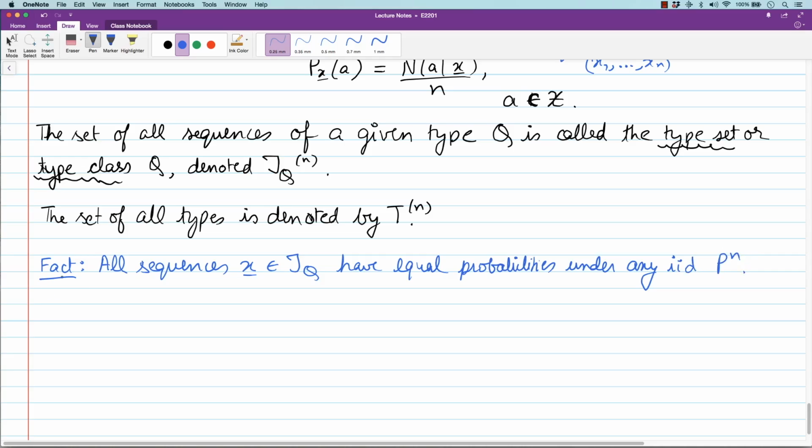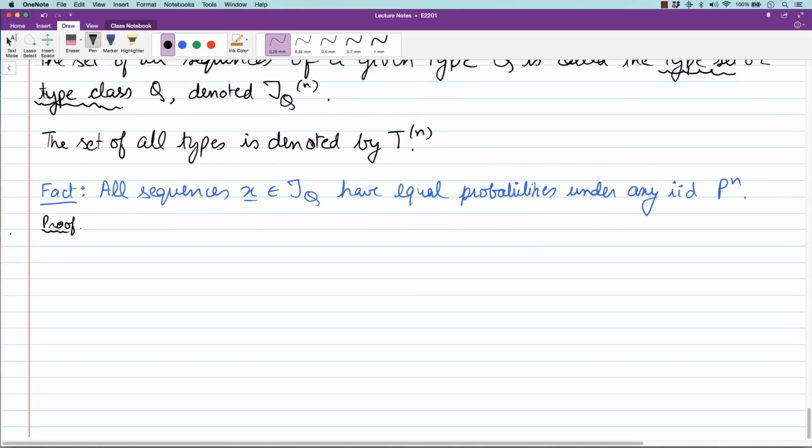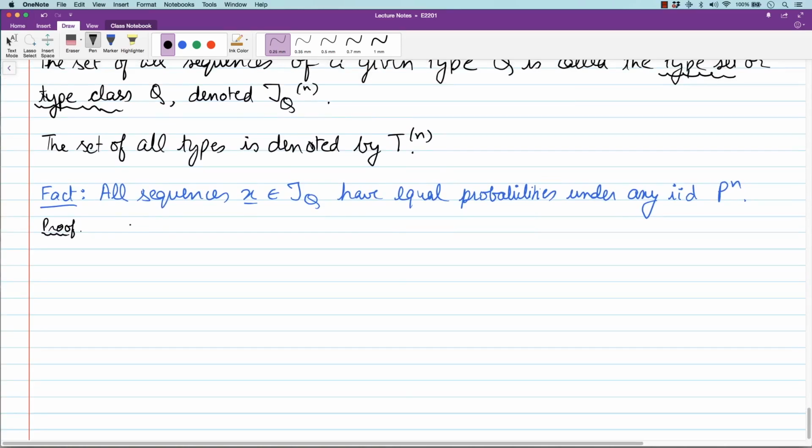Okay, so how do we show this? This is a very simple fact. It's easy to verify, but it's a very important fact about these type classes. So let's look at Pn of x for any sequence x of a given type. Pn of x can be written as the product t equal to 1 to n of p of xt, which can be written as, so this is some interesting thing.